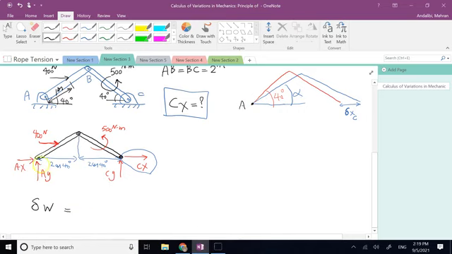Because the point of their action does not move. So these two will have no contribution. What about Cy? Well, it is applied to point C, but C moved horizontally, and Cy is vertical. When a force is perpendicular to the direction of motion, it does no work. So Cy doesn't do anything. Cx does, right?